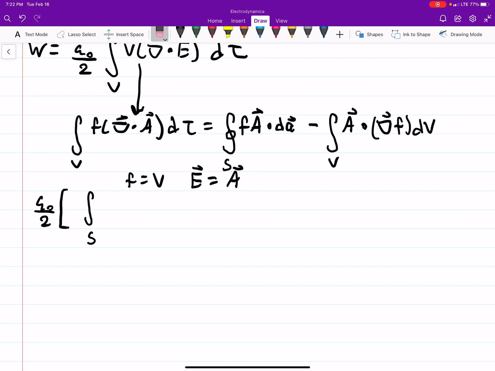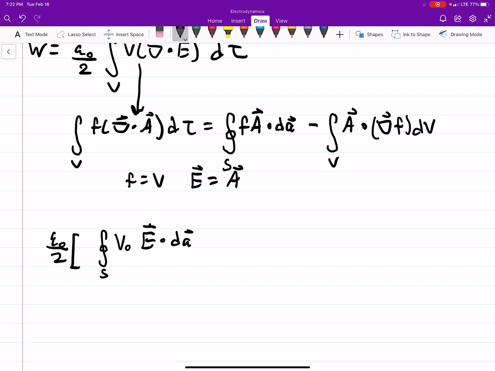Okay, so we have the closed surface. Epsilon naught over 2 times, the first thing is we have the closed surface integral of f, that's going to be V naught because that's along the surface, E dot dA, okay, minus the integral over some volume, which they're calling t, our E field times the gradient of V, dV. Okay.